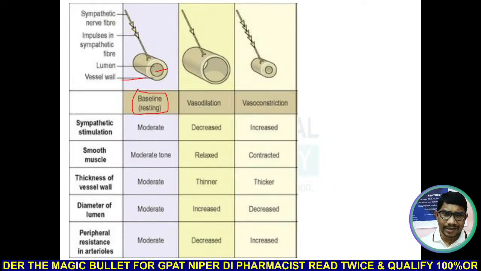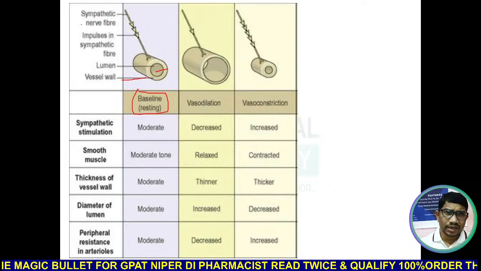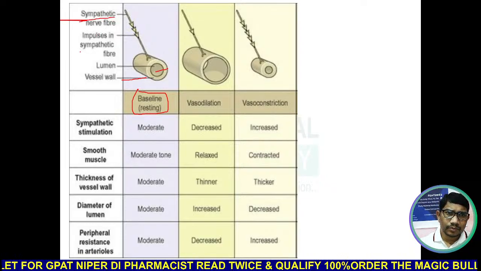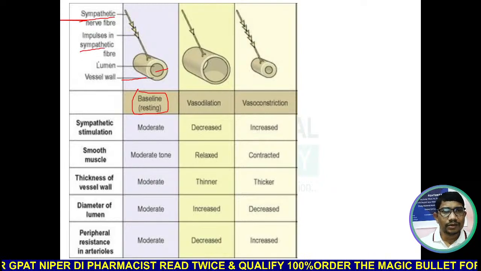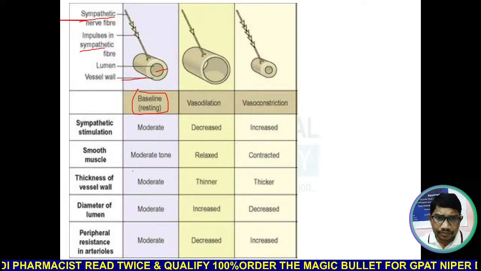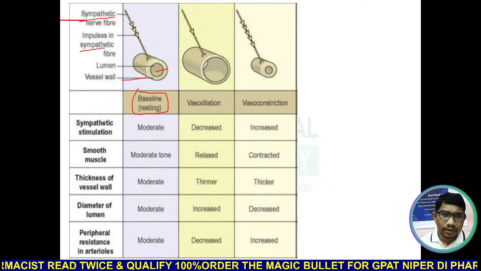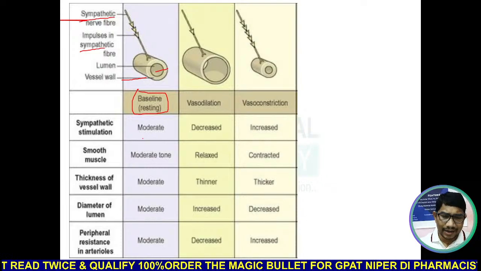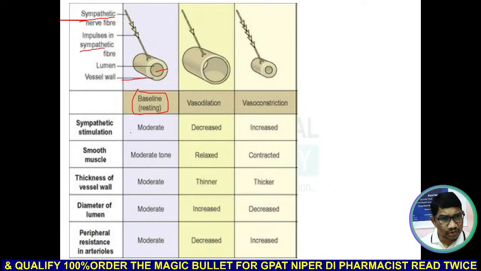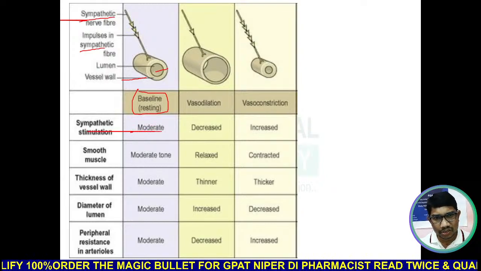Now this artery is supplied with sympathetic nerve endings, sympathetic nerve fibers. In this scenario, sympathetic stimulation is none, or you can say moderate stimulation.